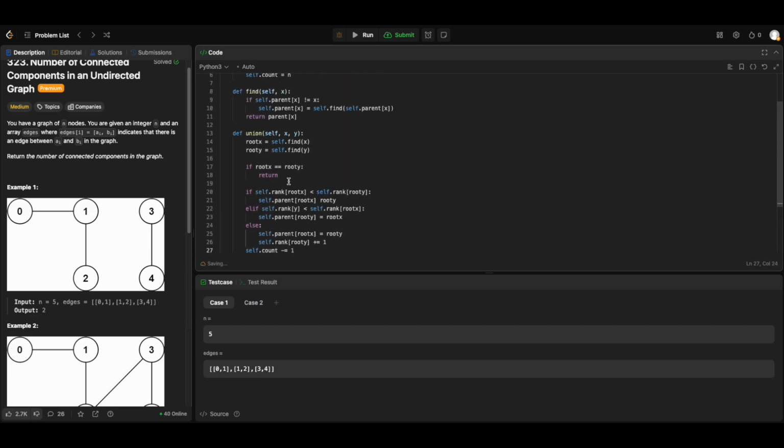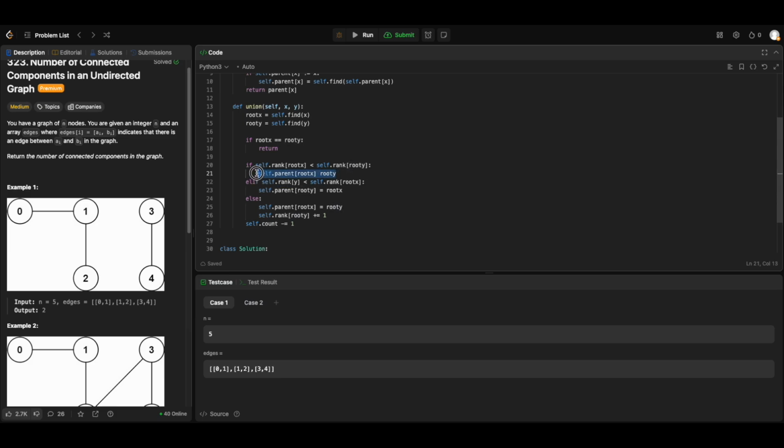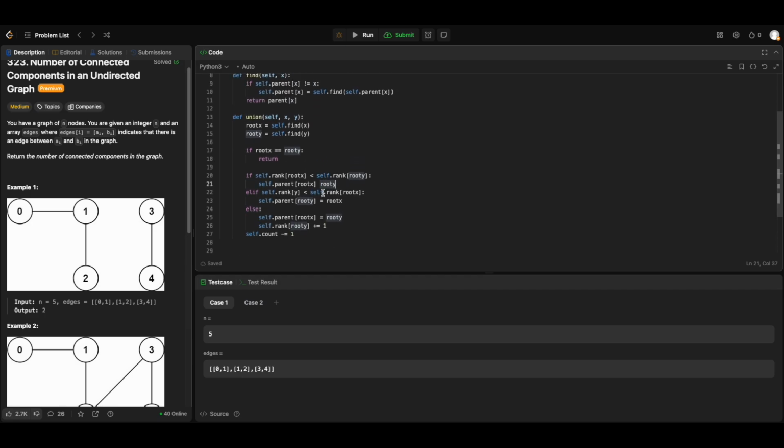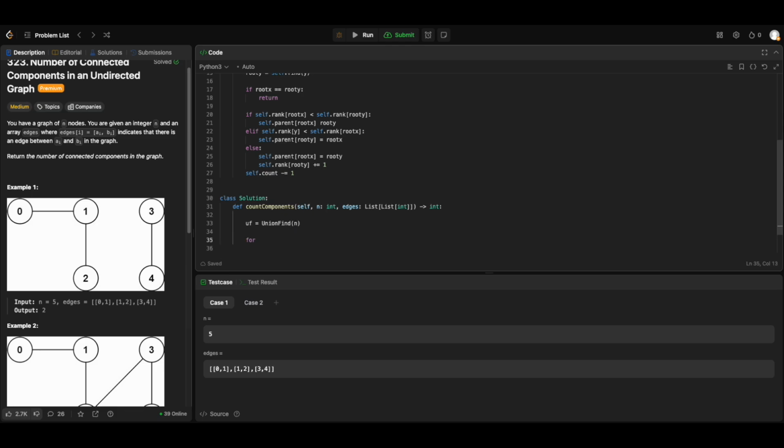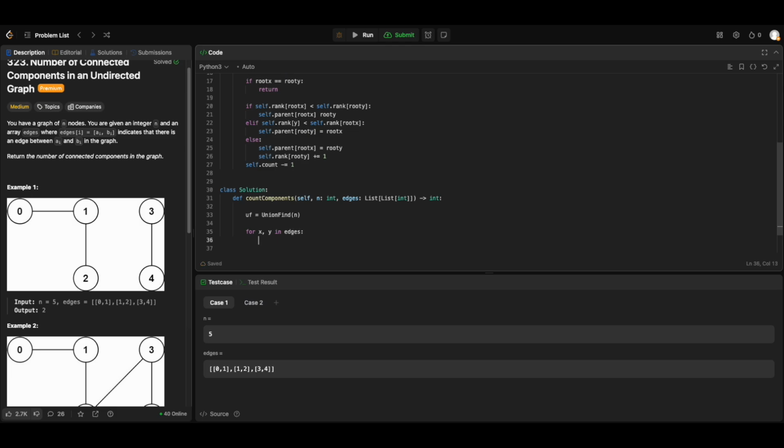Okay. Basically we are counting the number of sets here. So we create the UnionFind, and then for x, y in edges, we call UnionFind.union of x, y.